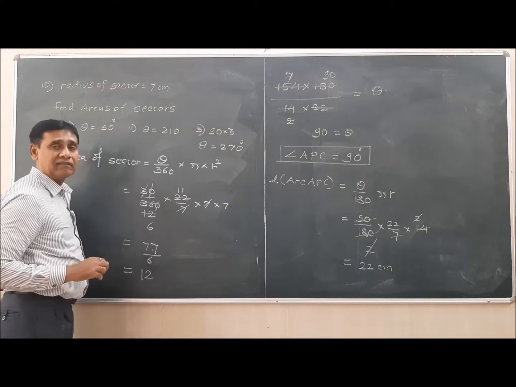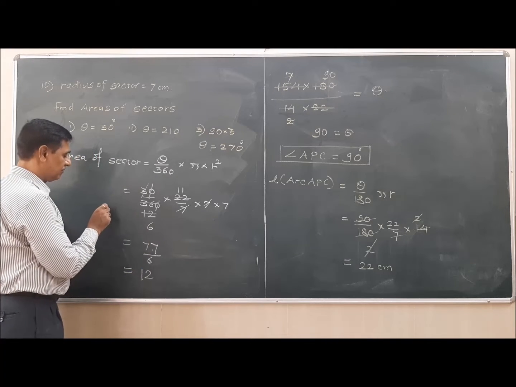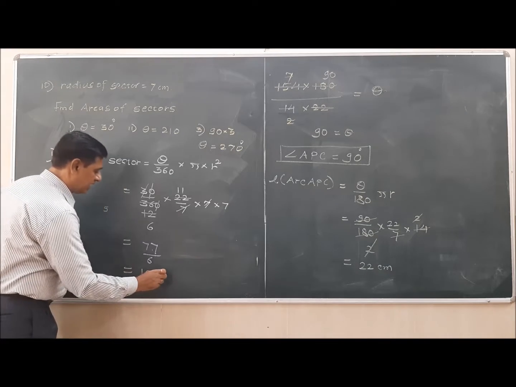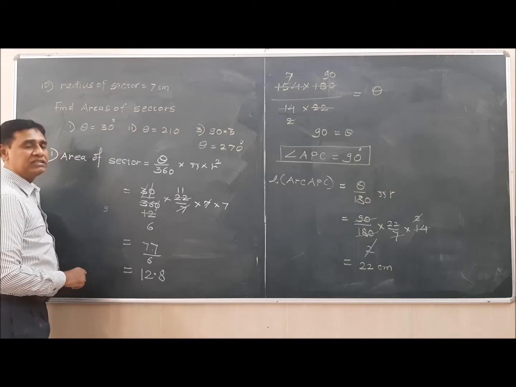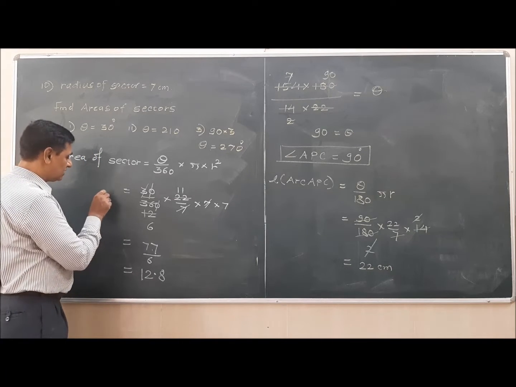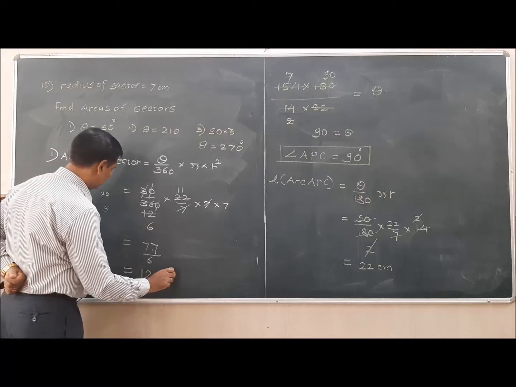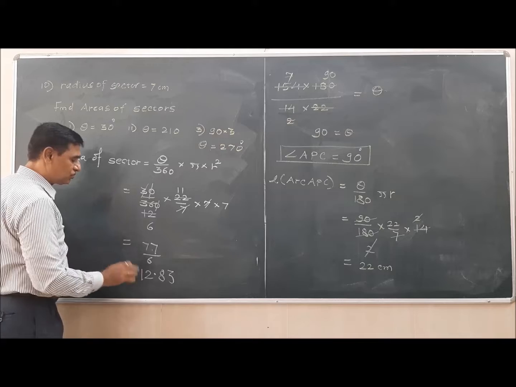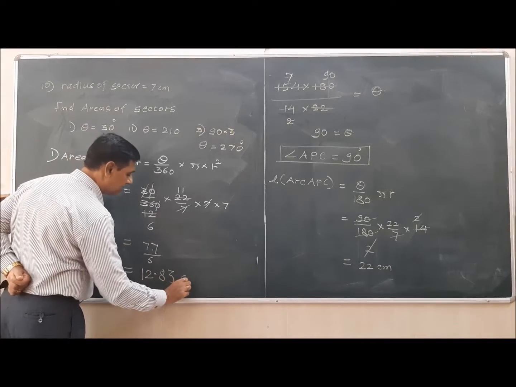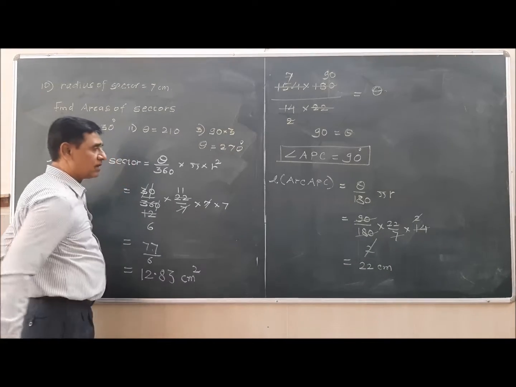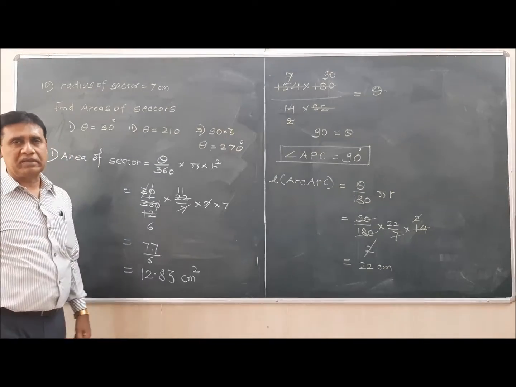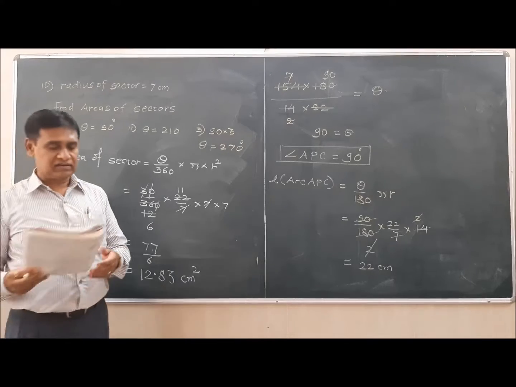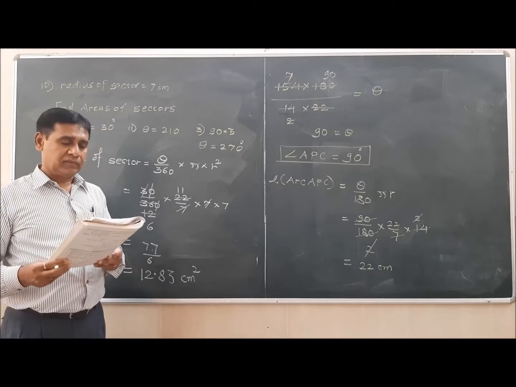So I am left with 5. So 6 eights are 48. Then 6 threes are 18. 3 will recur. So your answer will be 12.83 centimeter square. As you all know, centimeter square, reason being that since it's the area of sector, naturally you will find it is centimeter square.